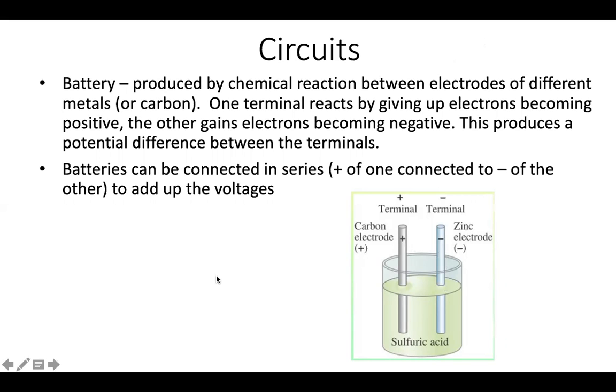Is that correct? Does anyone have AP Chem or just remember from honors chem? Am I at least saying the right words? Yeah, stripping electrons. Okay. So that's what's happening in the battery. With the two different terminals, we end up with a positively charged terminal and a negatively charged terminal, and that gives us a potential difference between them.